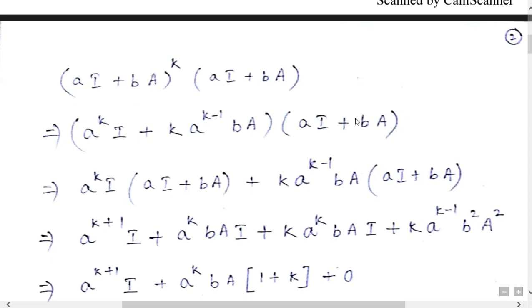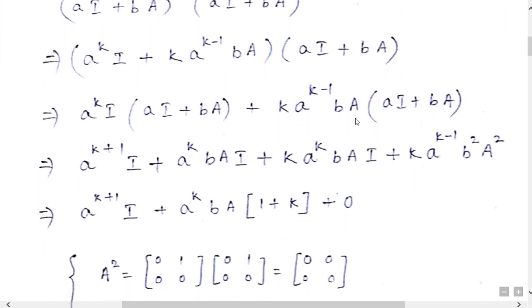Then multiply both the statements. Simple multiplication is there. First multiply by these two terms, then second multiply by these two terms. You can obtain a raised to power k plus 1 into I. Then the second term k a raised to power k, because k minus 1 and A is there.